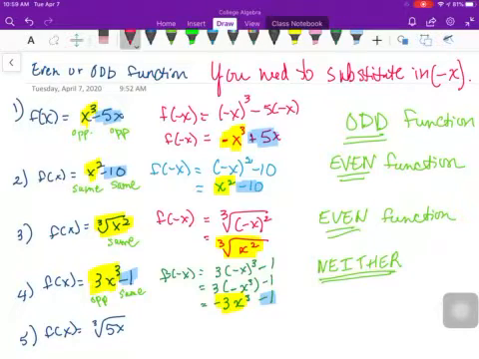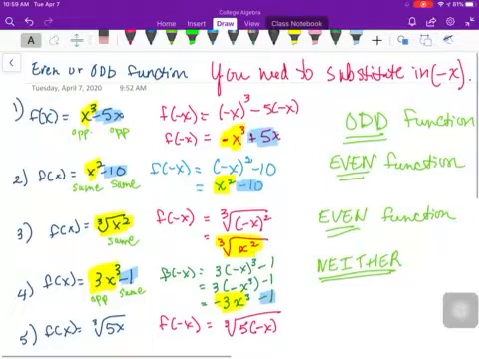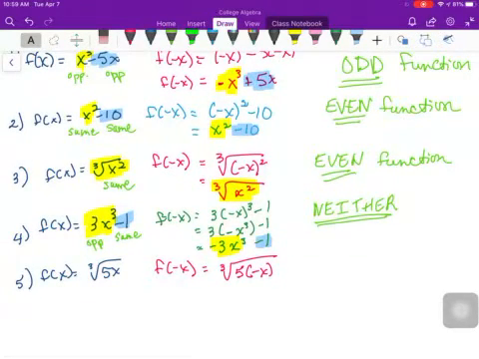Okay, let's look at our last one. Plug in a negative x. So it is the cube root of 5 times the negative x. That gives me the cube root of a negative 5x. The cube root of a negative 1 is a negative 1.